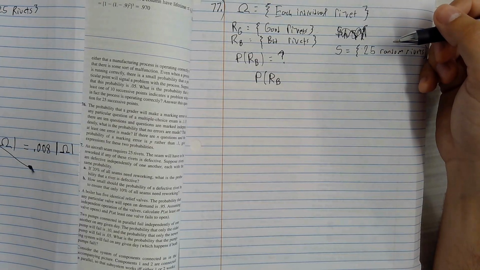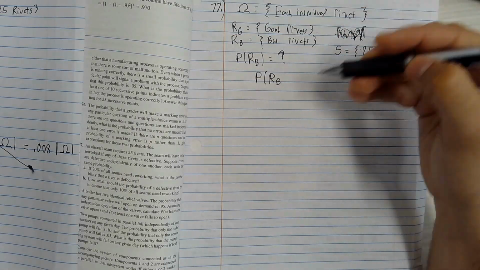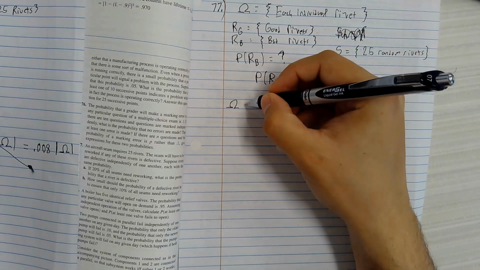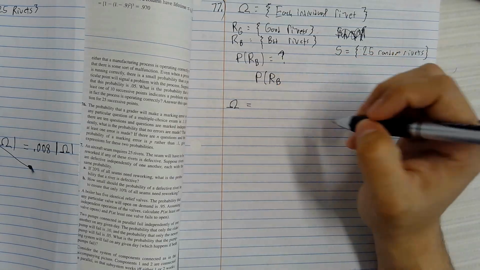What if, could it be that we could partition omega? We can play with this and see where it goes.